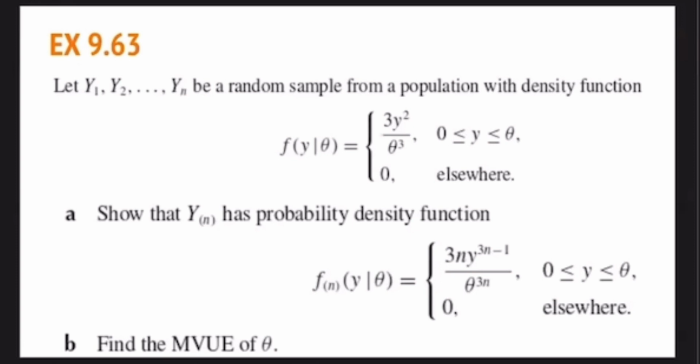The moment you figure that out, then they can ask you to find the minimum variance unbiased estimator for theta. But before you can find it, you need to find the expected value of y n, the expected value of a random variable. So you're going to make use of this. You'll be able to show whether it is unbiased or not.